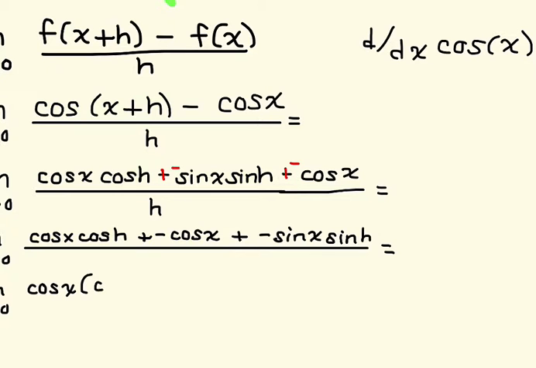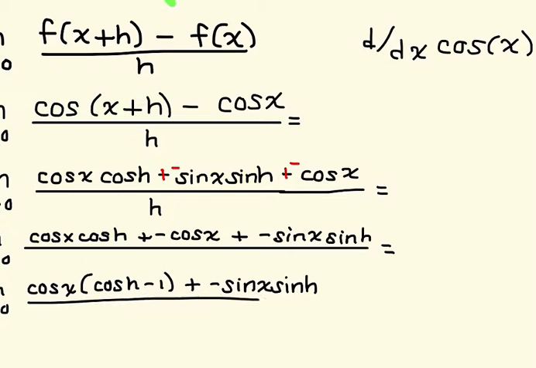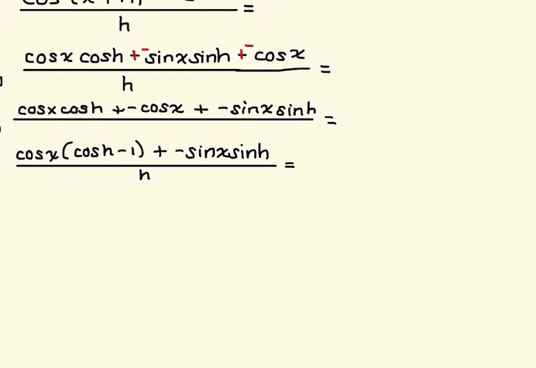So what's left is the cosine of h minus 1. And then, of course, we have to add a negative sine of x sine h. And hopefully, because you just saw me do the other derivative, which is derived the same way, you're maybe speculating what's coming next. Getting a pretty good feeling.